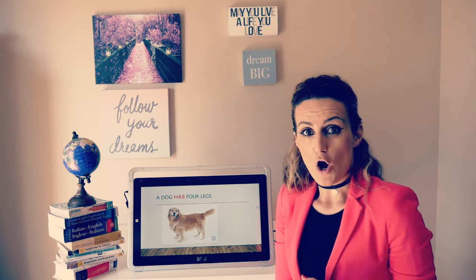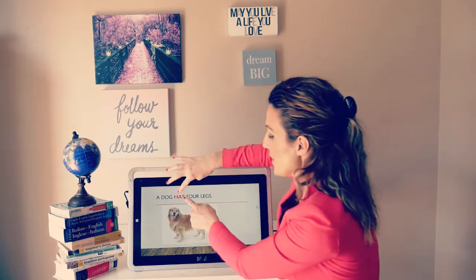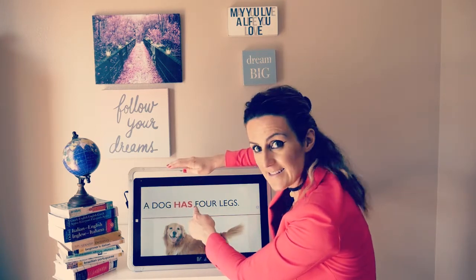It's the truth, right? So we use the simple present when we are talking about habits, routines, repeated actions, and we also use the simple present when we're talking about facts. Here's another example. A dog has 4 legs. It's the truth. So we use the simple present, has.